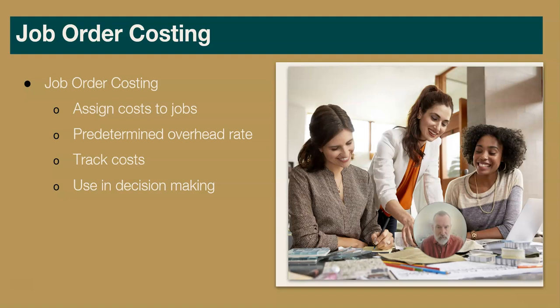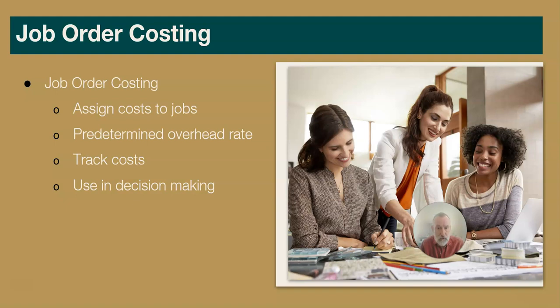Think of an advertising agency creating campaigns for different clients, or a law firm billing hours for separate cases, or even a manufacturer producing a custom machinery project. Each specific job is different, and managers need a way to track the costs associated with it.